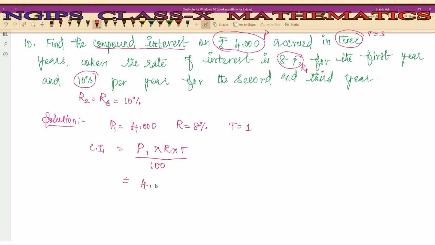So we have the principal 4,000 into rate 8 into time period 1 year, divided by 100. Now the two zeros and two zeros get cancelled, so the leftover is 40 into 8. So 40 into 8 is 8 fours are 32, 320 rupees.